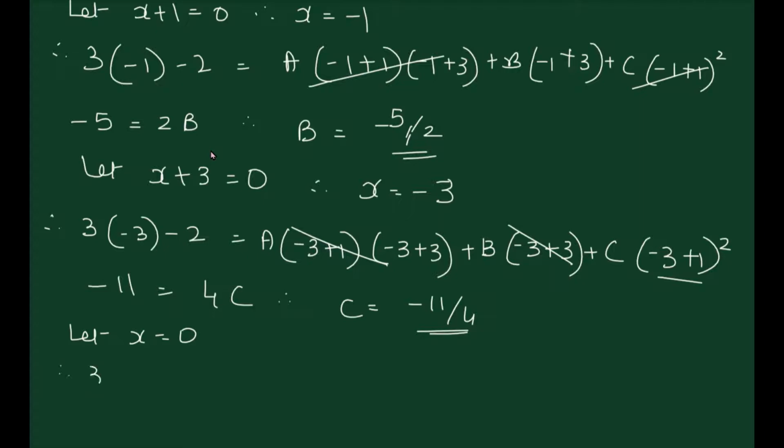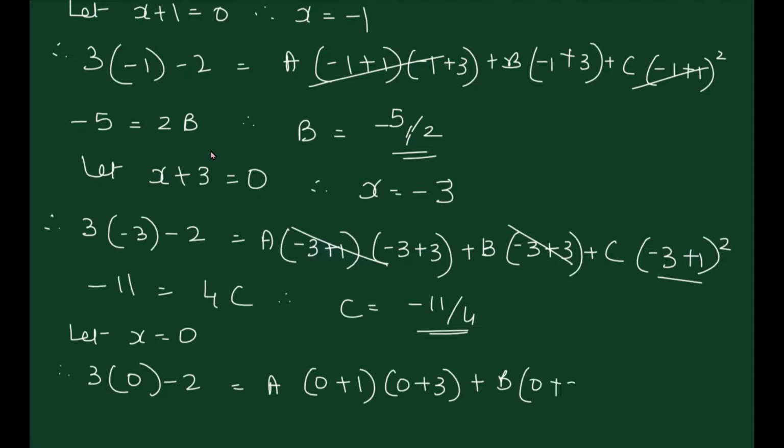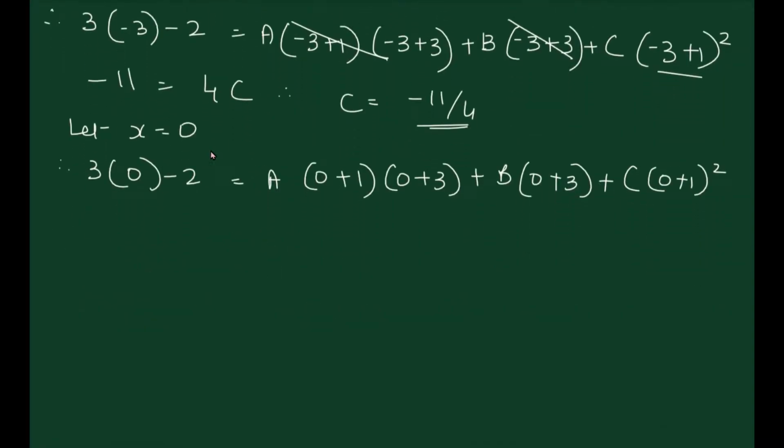So therefore we get 3 into 0 minus 2 is equal to a into (0 plus 1) into (0 plus 3) plus b into (0 plus 3) plus c into (0 plus 1) the whole square. So now 3 into 0 is 0. So we get minus 2 is equal to a into 1 into 3, that is 3a.